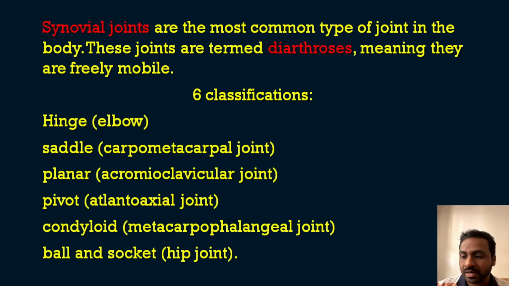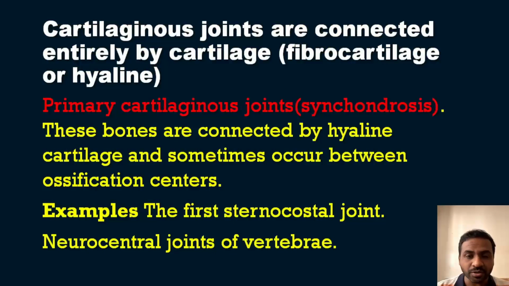The next type of joint is the cartilaginous joint. We have 2 types, the primary cartilaginous joint and the secondary cartilaginous joint. Cartilaginous joints are connected entirely by cartilage, that may be fibrocartilage or hyaline.